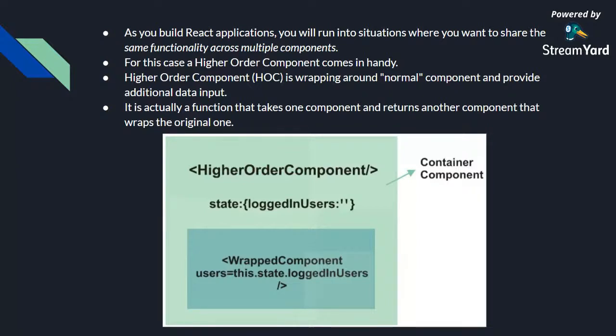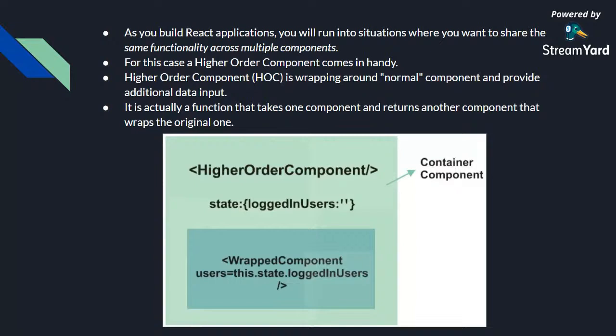For example, if we want to share the data of a logged in user across the components, in every component we would have to get that data, process it, and then display it. So to minimize that work, we introduce a higher order component. A higher order component is nothing but wrapping a normal component inside a new component and returning a new component.